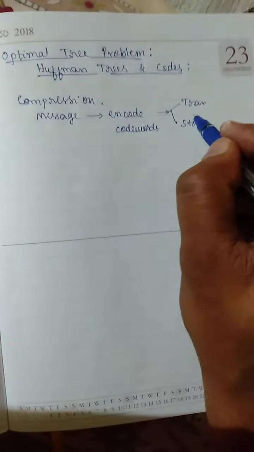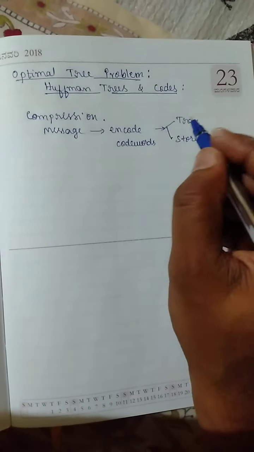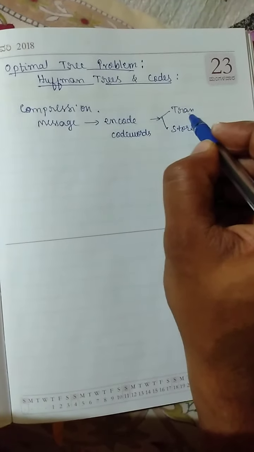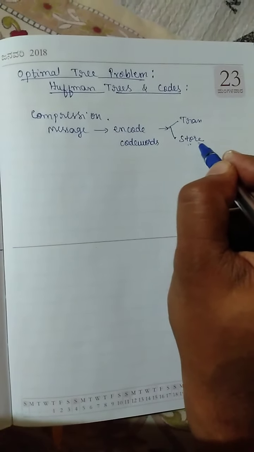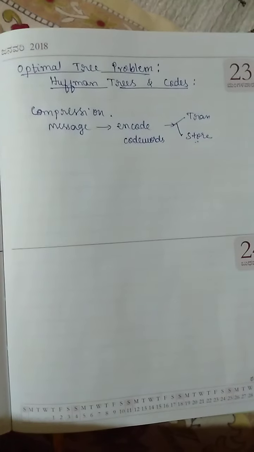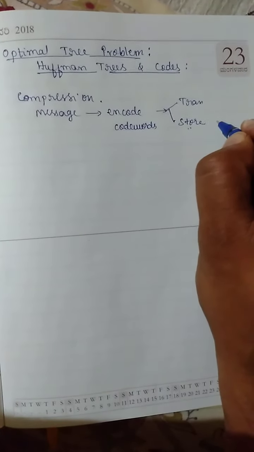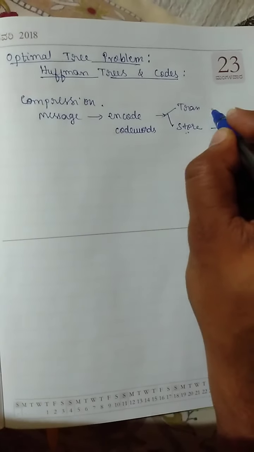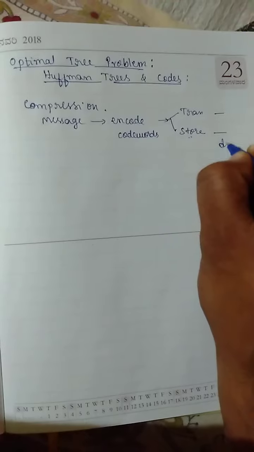If we are transmitting, we will be efficiently using the available bandwidth. If we are storing, then we will be efficiently using the available storage. Now at the receiver side, whenever we want to retrieve or receive and read the data, we will have to decode it.